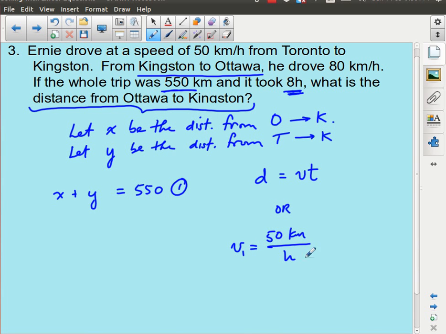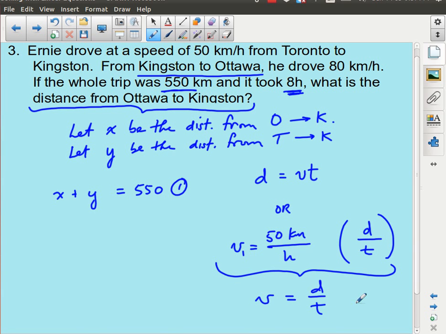Actually, let's go ahead and call that one V1. But 50 kilometers per hour, what is 50 kilometers? That's a distance. And what is per hour? That's a time. So this together might help remind you that speed is equal to distance over time.